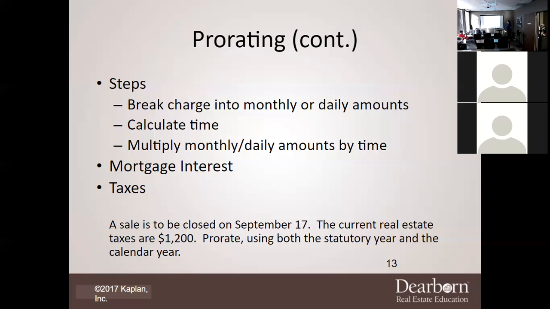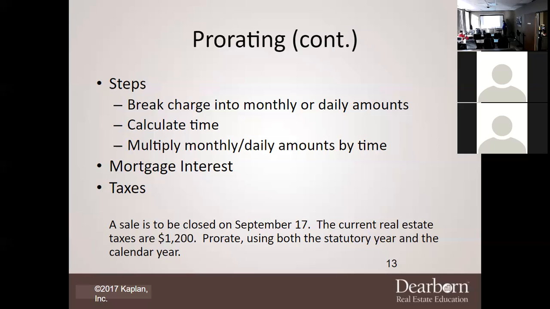They will do this on mortgage interest and taxes. So they'll say something like a sale is to be closed on September 15th or September 17th. The current real estate taxes are $1,200. Prorate both using statutory year and calendar year.